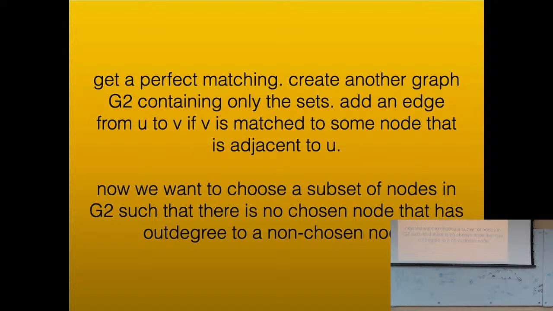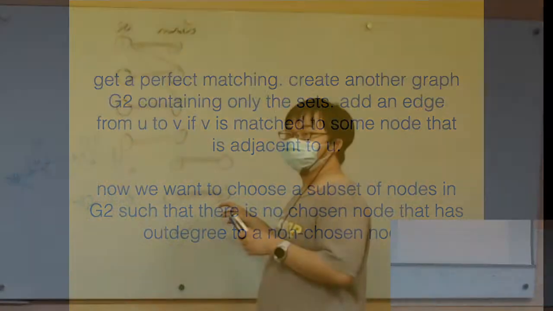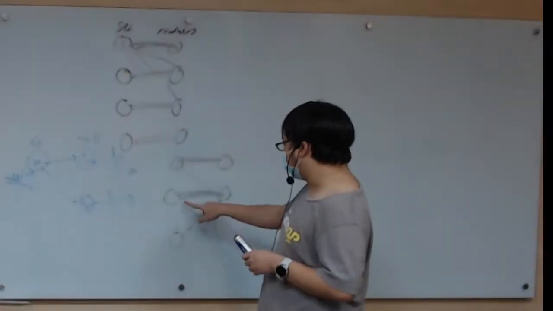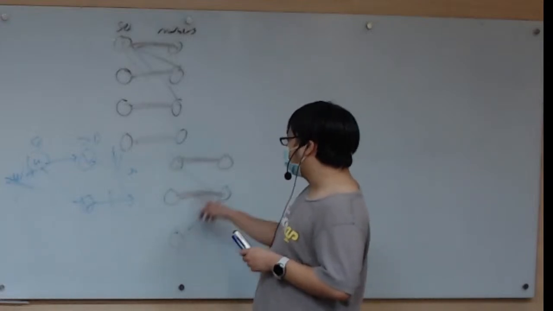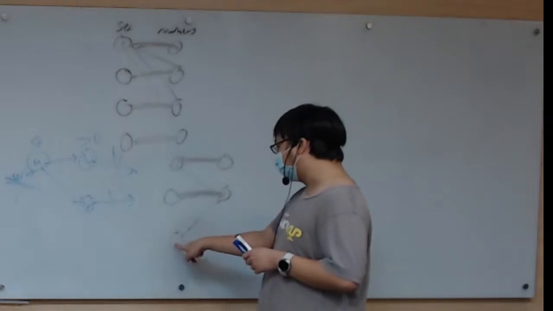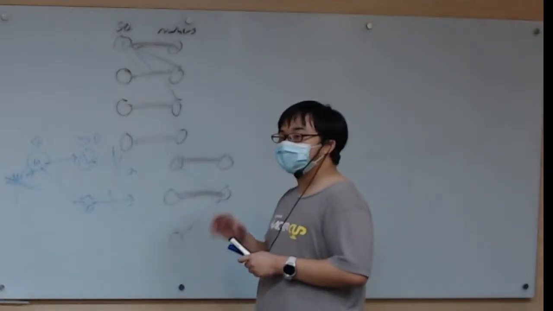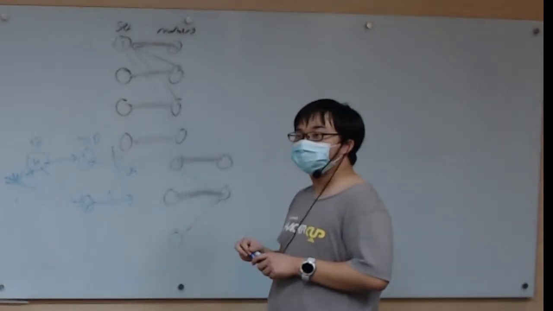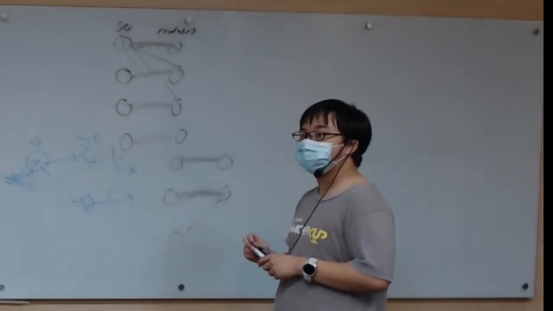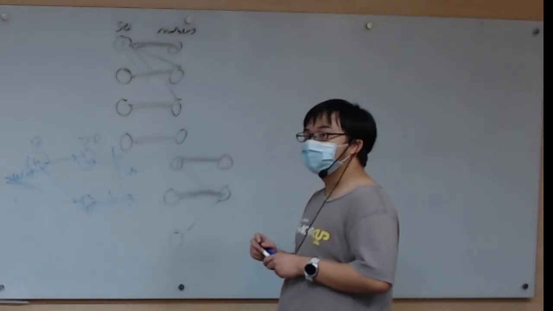Oh, okay, so you have to choose at least one of the sets that is in the perfect matching, right? Yeah, if the perfect matching is this one, you can choose this one, but in the other perfect matching, there will be an edge from here to here. Regardless of which perfect matching you get, it's essentially the same, I think.